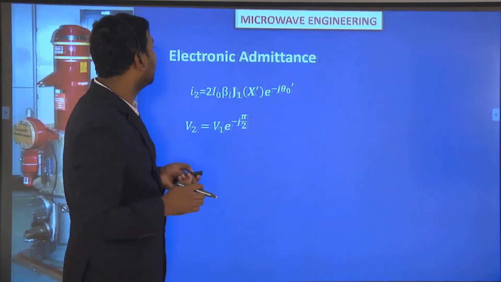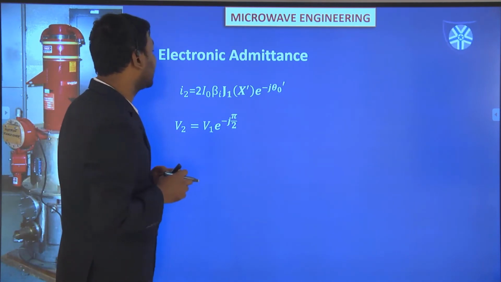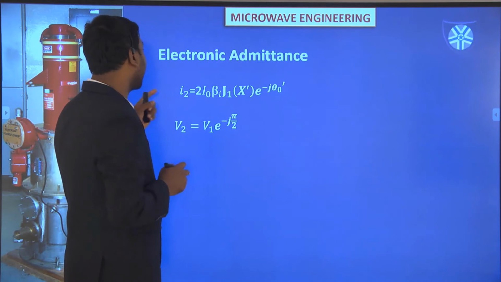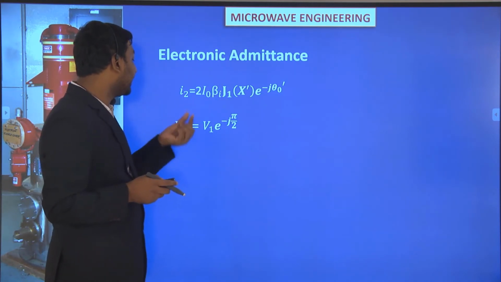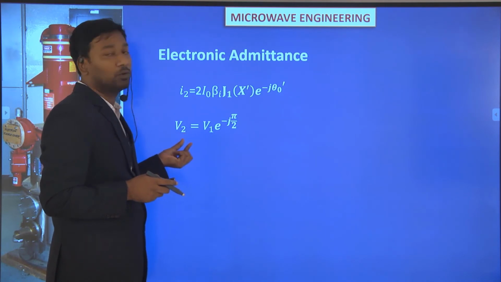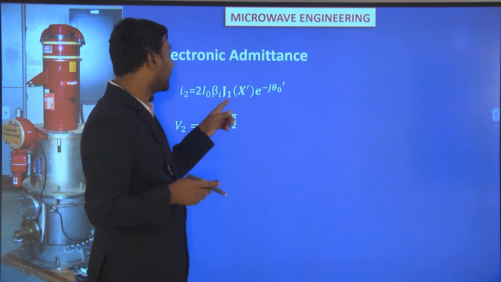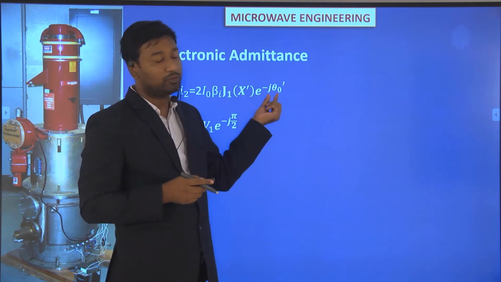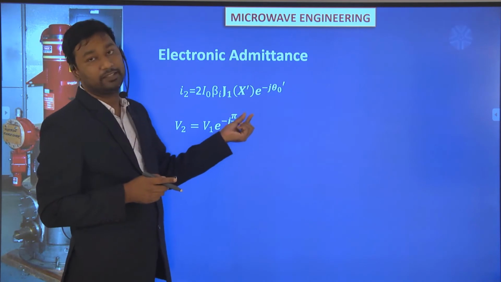Now we will calculate the electronic admittance of the reflex klystron oscillator. Admittance we know is the output current divided by output voltage. The output current we already calculated as 2 I0 beta J1 x dash in phasor form, and V2 equals V1 e to the power minus j pi by 2.